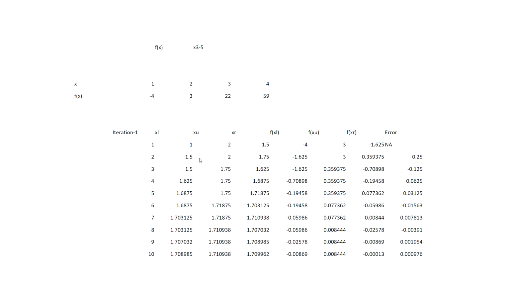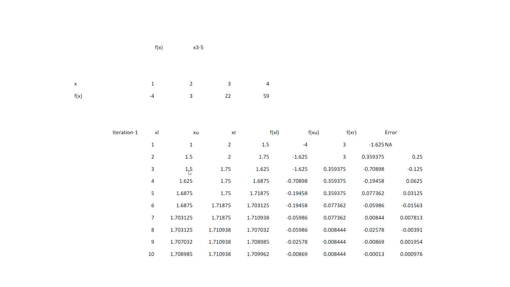Now if we take the average of these two in the second iteration, it comes out as 1.75, and if we evaluate the function at xl, xu and xr, we see that the sign of the function value at xr is similar to the sign at xu. So xr will replace xu and xl will remain intact. So xl is 1.5 only, and xu is replaced with 1.75.